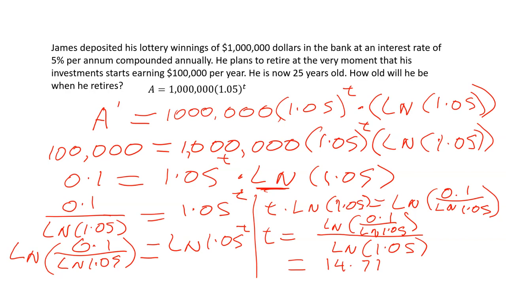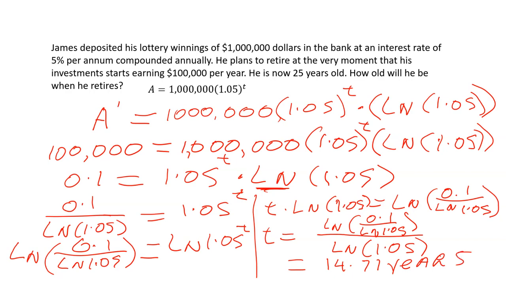So tell me now, thank you, Sarah. What units would make sense for this answer? What units should I put for this t? It's years, absolutely. But we haven't answered the question for Adam yet, right?